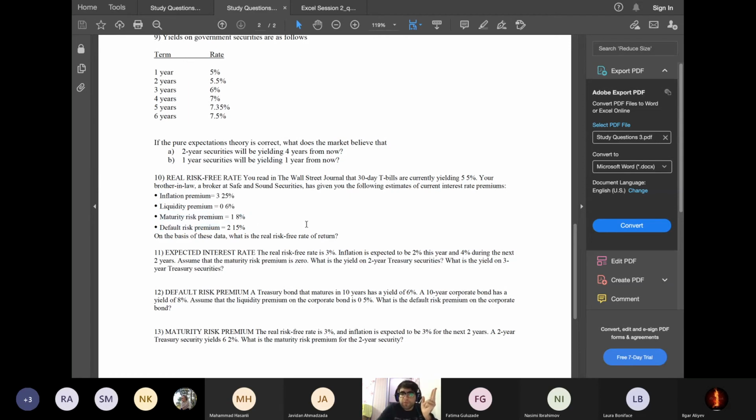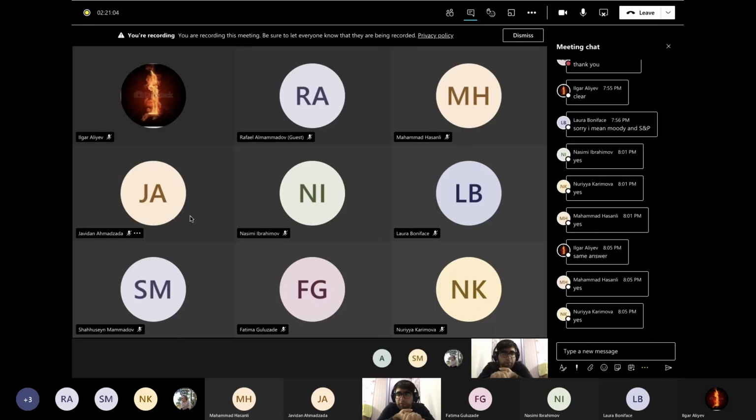No maturity risk premium, because it is 30 days, short-term maturity. So no maturity risk premium and no default risk premium. Government bonds cannot go into bankruptcy or default, because government has a print machine. So whenever they are suffering from lack of cash, they will print money and give it to you.